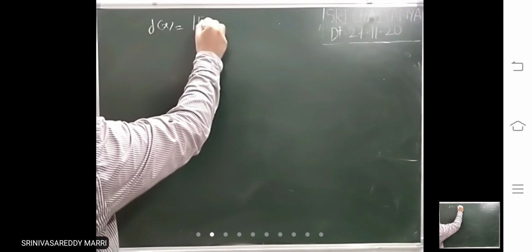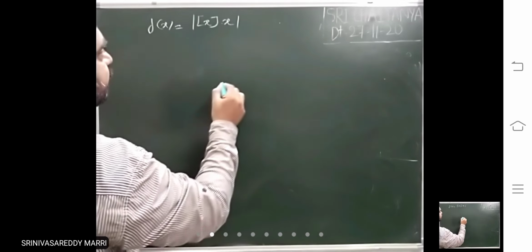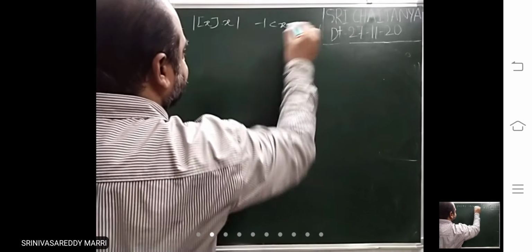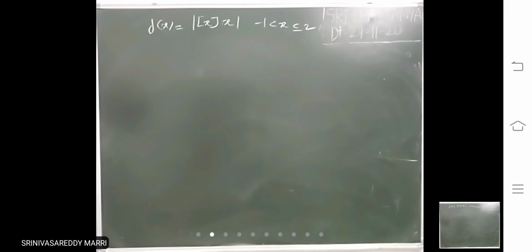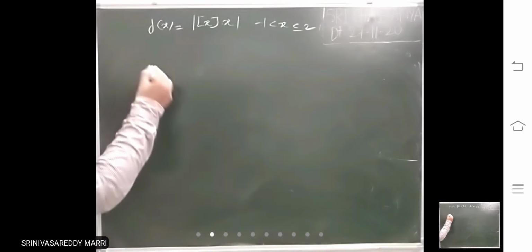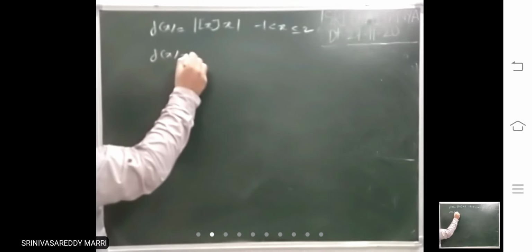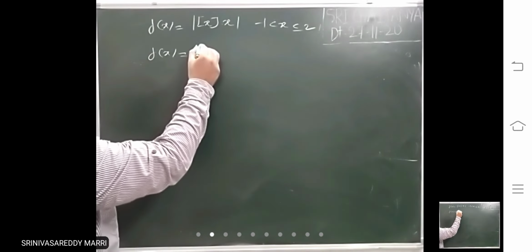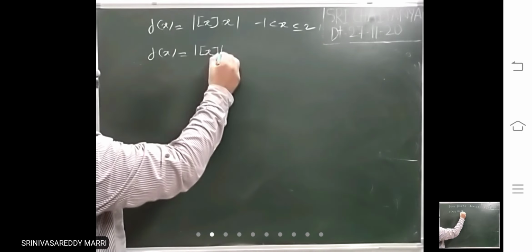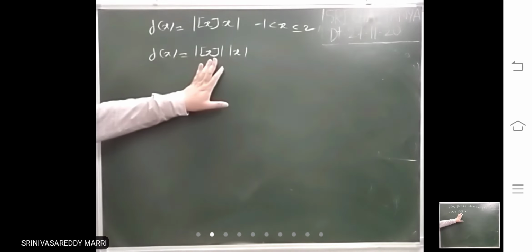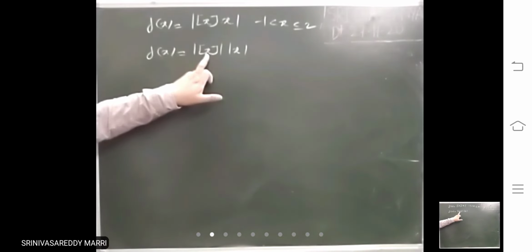Modulus, suppose you take one function, it is defined in -1 to 2, right? You have to find discontinuities of this function in -1 to 2. You have to write separate rules. Step x is there. Based on that, I am writing this as modulus step x into modulus x. You have to write separate rules for step x.